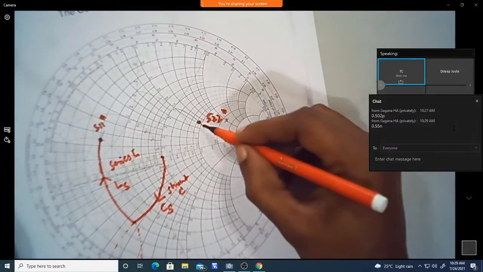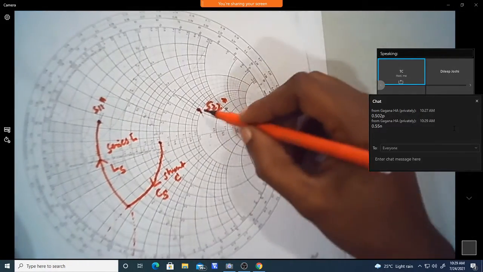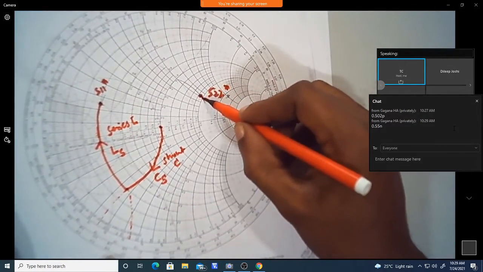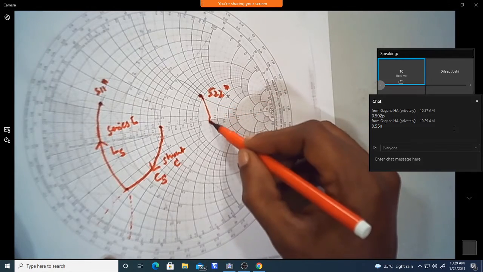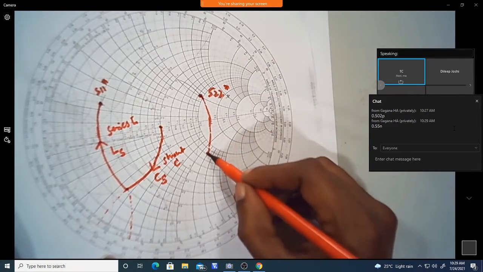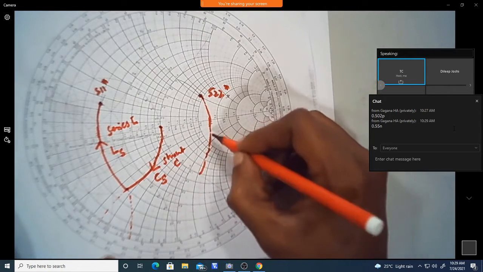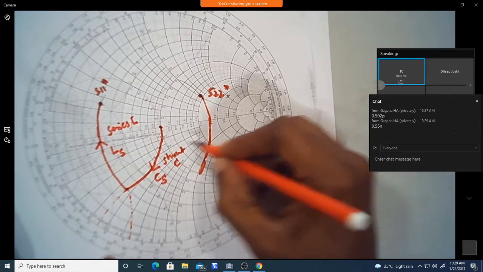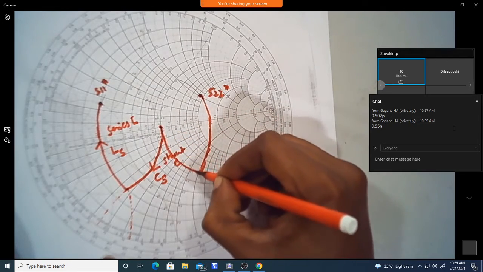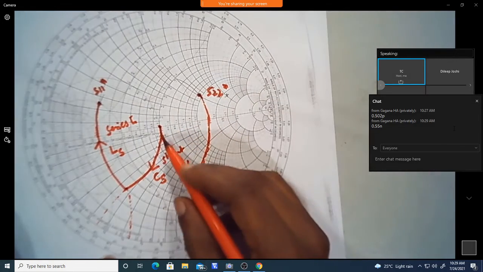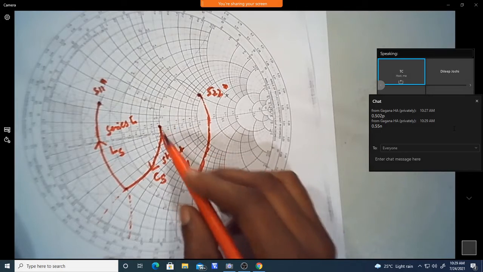Okay. So now similarly we need to find out the output matching network. This is the point where I am having the constant conductance point. So now I will move along this constant conductance circle till the unity resistance circle. So this is the unity resistance circle. From this point to this point we can move. We are moving on the resistance circle downwards.